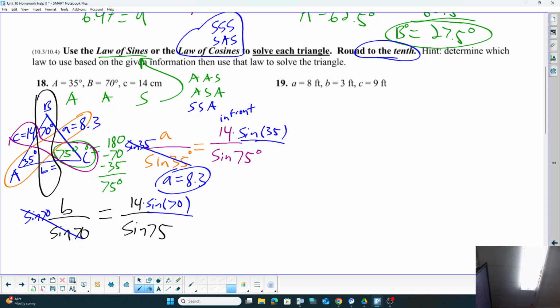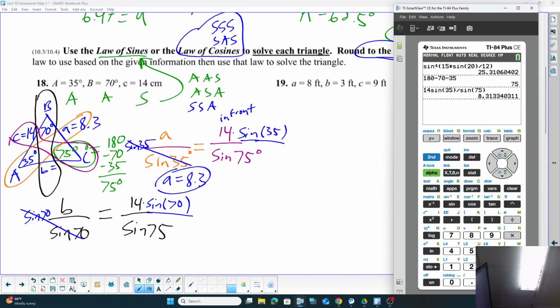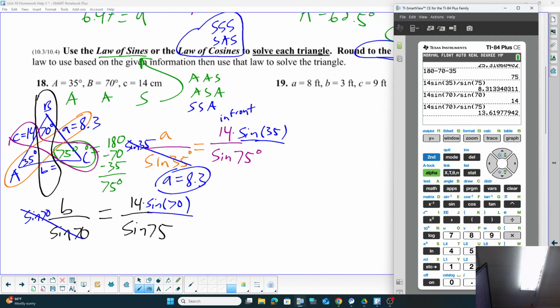And now that's going to give us little b. So that's 14 sine of 70, close parenthesis, divided by sine of 70. And that's using the law of sines. Oh, I made a mistake. Sorry. That's supposed to be what in the bottom? 75, not 70. Careful, Newbold. Okay, we get 13.61.